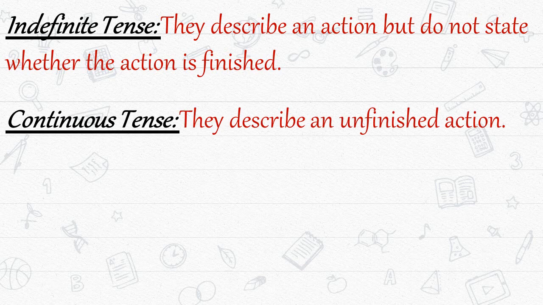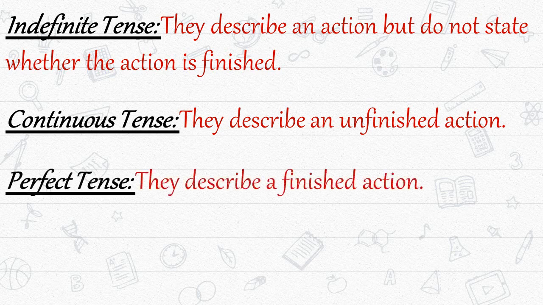Continuous tense. They describe an unfinished action or the continuity of action that shows the action is still going on or was going on or will be going on. Perfect tense.